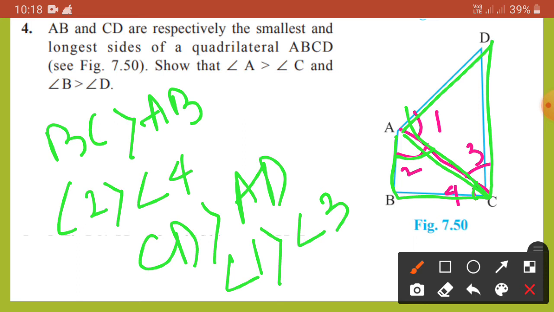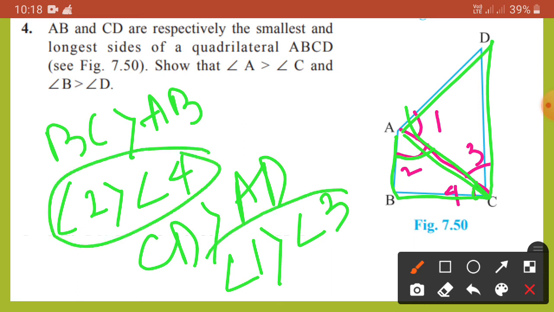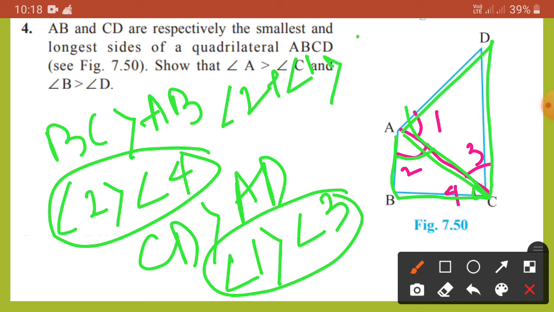Now if we add these two, we get angle 2 plus angle 1 greater than angle 4 plus angle 3.